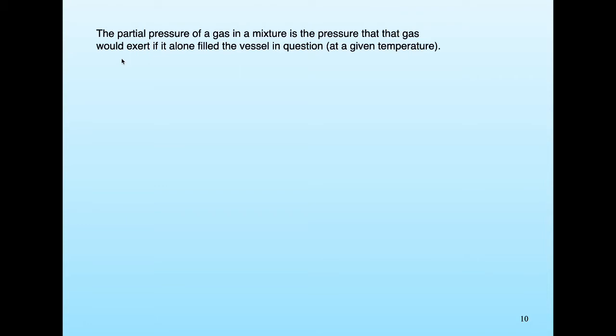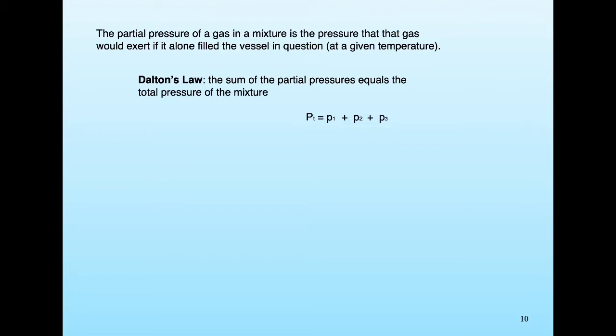And that pressure is the pressure the gas would exert if it alone was there. If we add all of the partial pressures up, then it adds up to the total pressure. And that's called Dalton's law. The sum of the partial pressures equals the total pressure of the mixture. Okay? That makes sense, doesn't it?